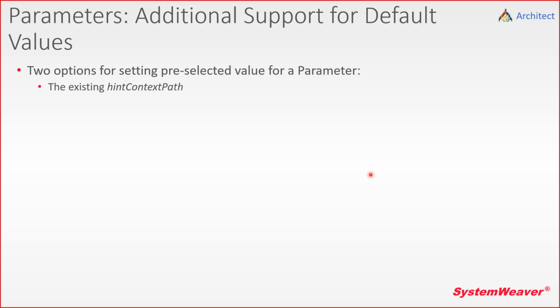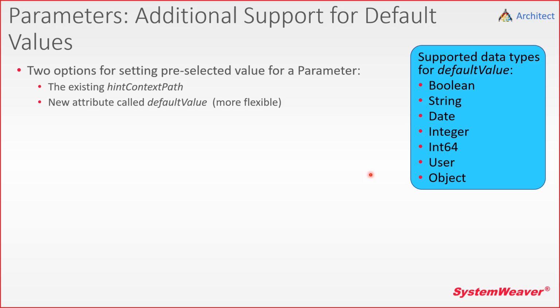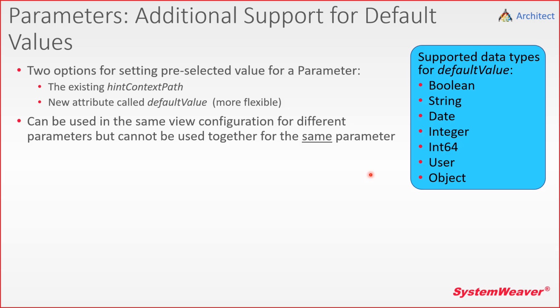We have an existing hint context path option, and we have a new attribute called default value, which is more flexible, and it supports these data types: Boolean, string, date, integer, int64, user, and object. And you can use both of these options in the same view configuration, but for different parameters. You can't use them together for the same parameter.